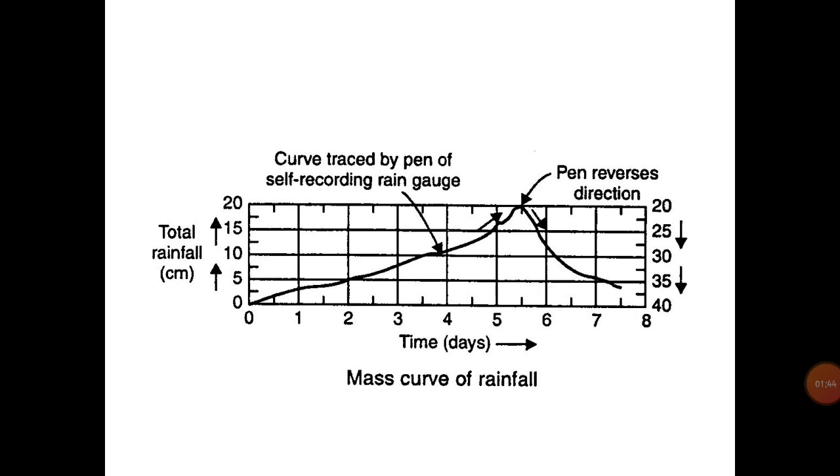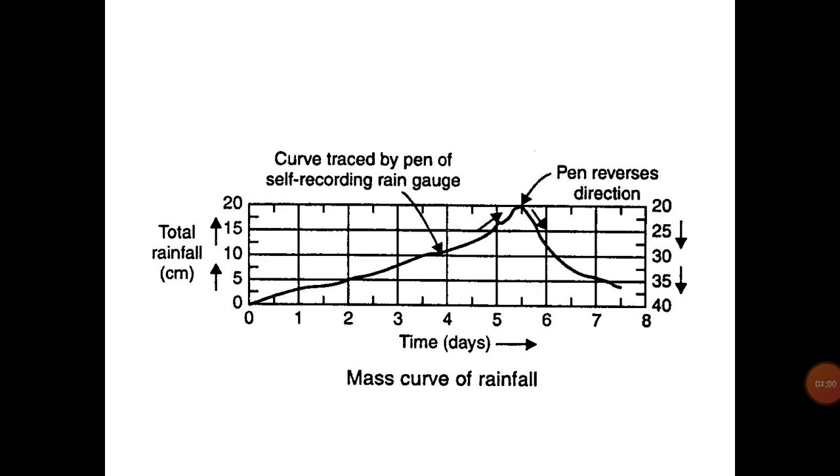The recording type of rain gauge is also called an integrating rain gauge. The reason is that the curve obtained on the graph is a cumulative curve of rainfall.